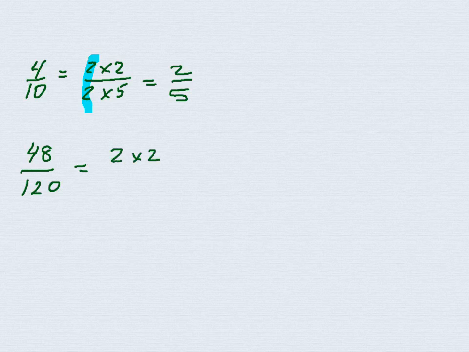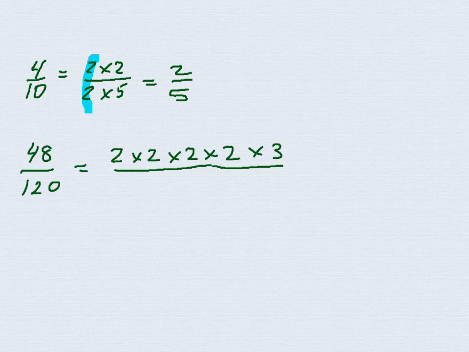You can go back and look at the process, but it was 2 times 2 times 2 times 2, which is 16, times 3. They're all written out as prime factors. 120 was a similar breakdown. It was actually, say, 10 times 12, worked out to be 2 times 2 times 2 times 3 times 5.